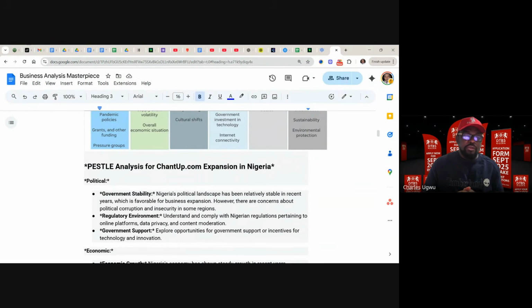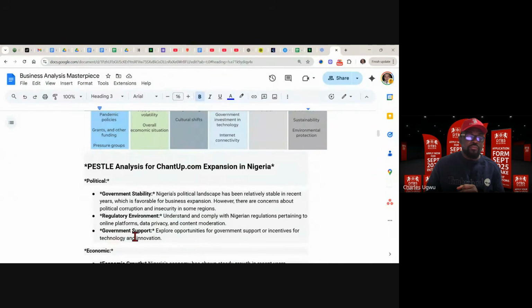Regulatory environment: understand and comply with Nigerian regulations pertaining to online platforms, data privacy, and content moderation. So these are the areas you need to consider if you are working on any project within this environment: data protection, data privacy, content moderation.